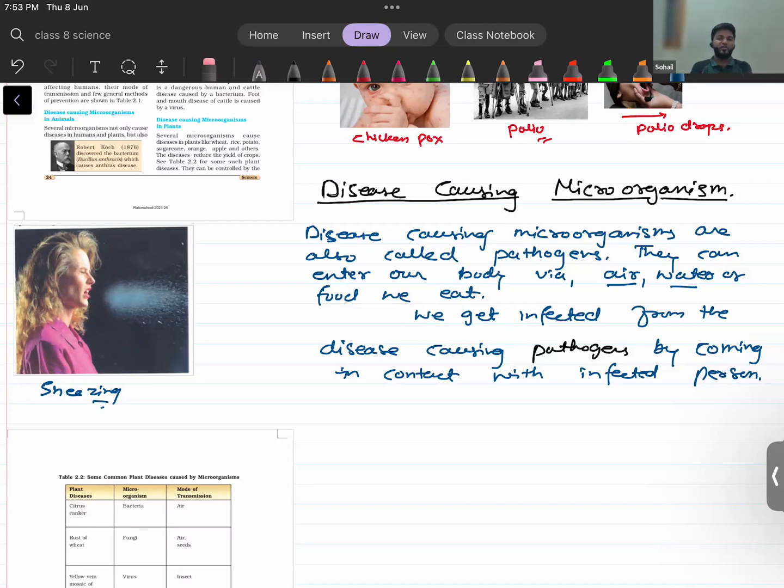It could be other microorganisms also, like in the beginning of the chapter, other classifications were protozoa, fungi, algae. They can also enter our body and cause different diseases apart from bacteria and viruses. Right, guys?